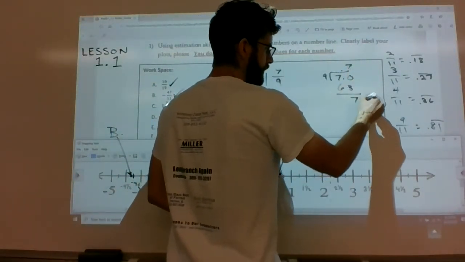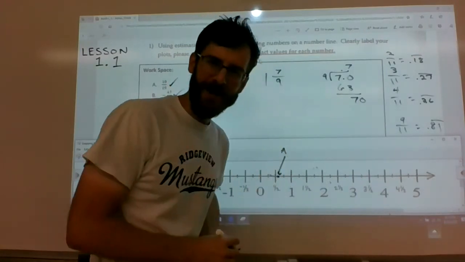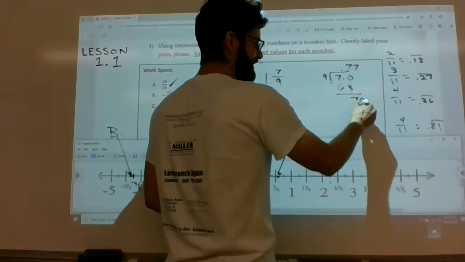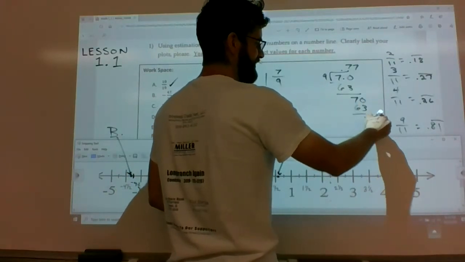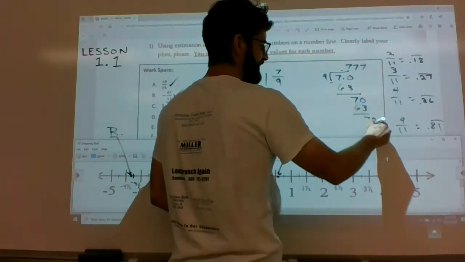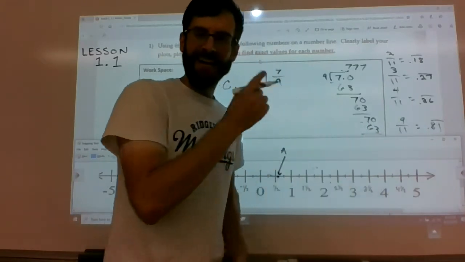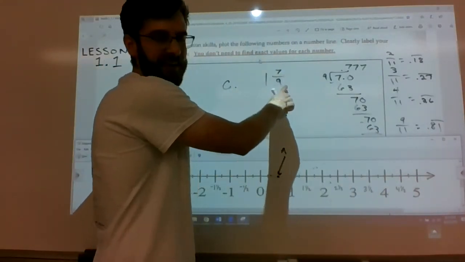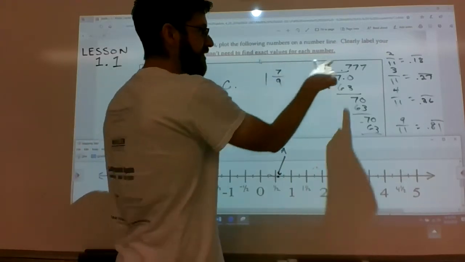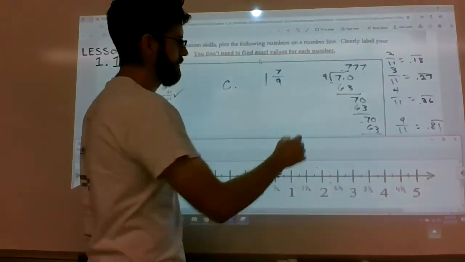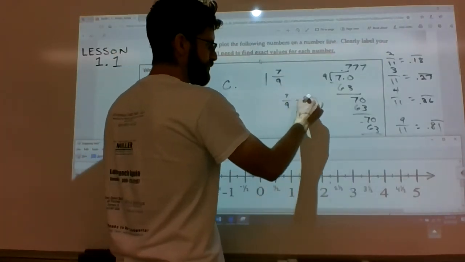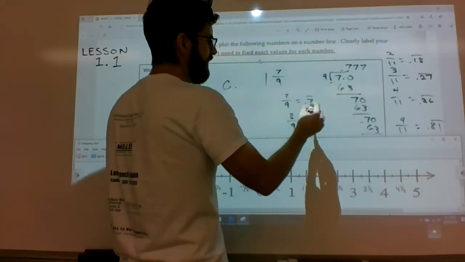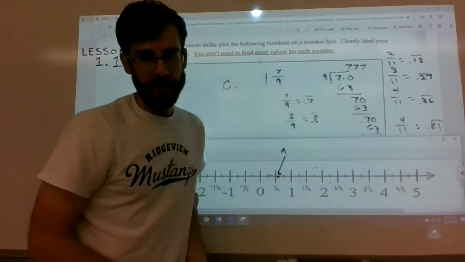And then we've got, oh boy, another pattern here. 70, and 63, and 7, 63. So another pattern for you guys. The 9ths are always that decimal repeating. So 7/9 equals 0.7 repeating, 8/9 equals 0.8 repeating, 1/9 is 0.1 repeating.